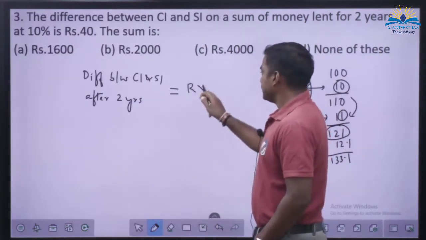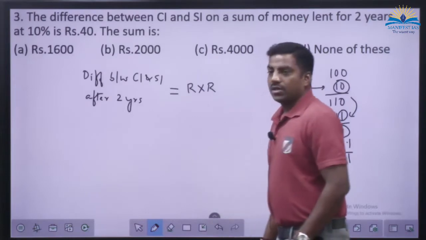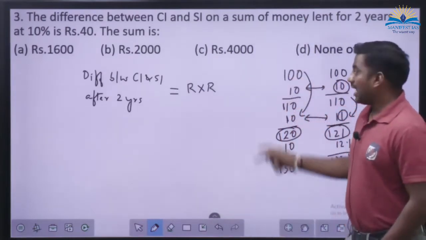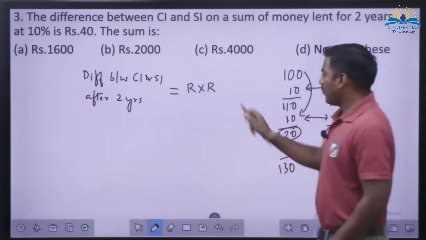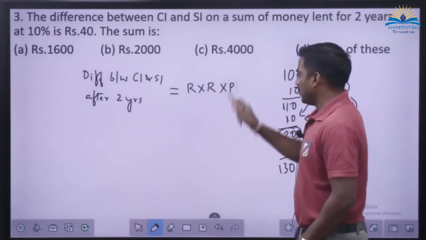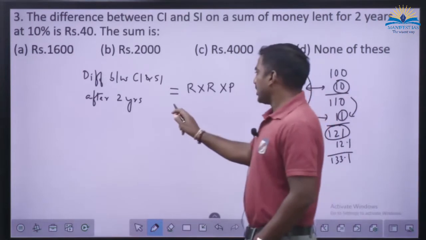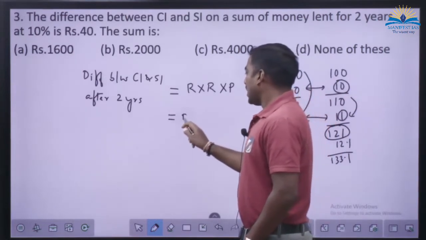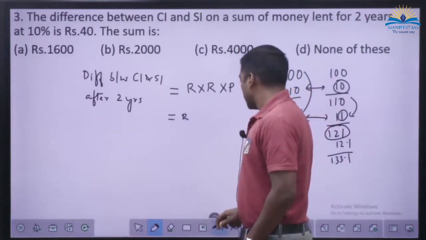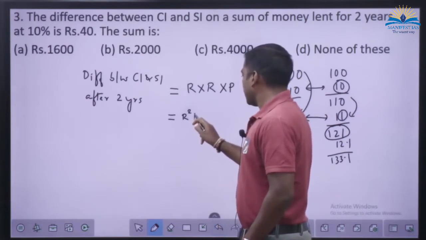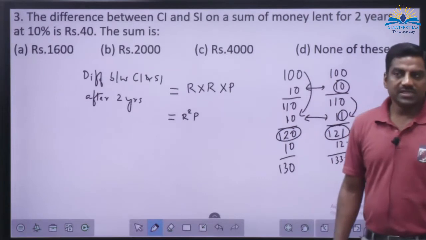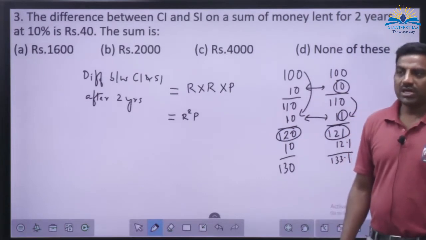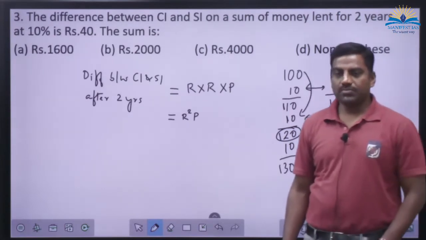That is, here R is 10%. 10% of 10% would be 1% of the principal amount. Or you can simply write it as R square P. Is that okay? You can write it as R square P.